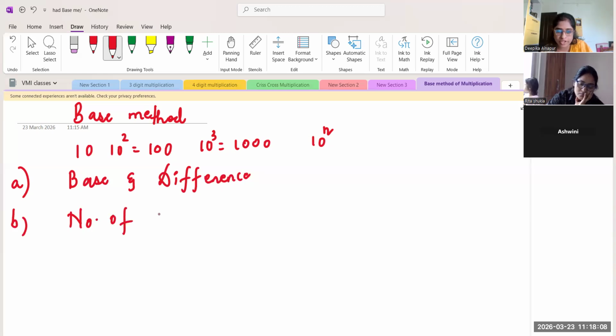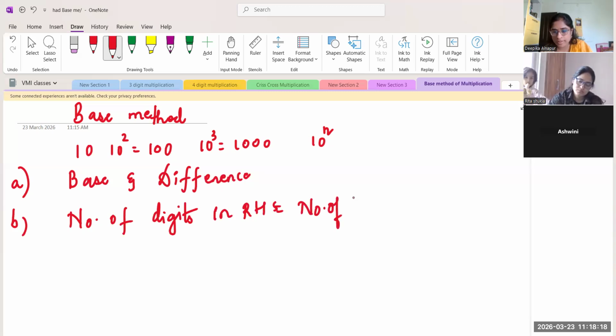Number of digits in RHS will be equal to number of zeros in base. I'll tell you how to do this. And then whatever differences we have calculated, we have to multiply those differences.